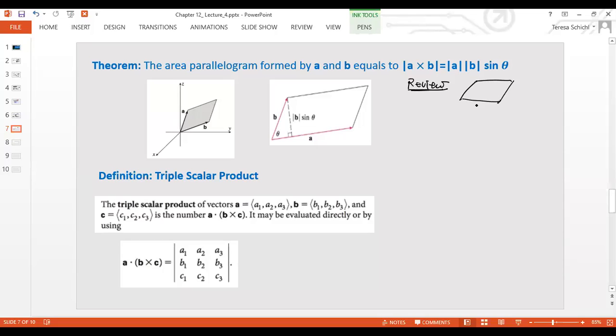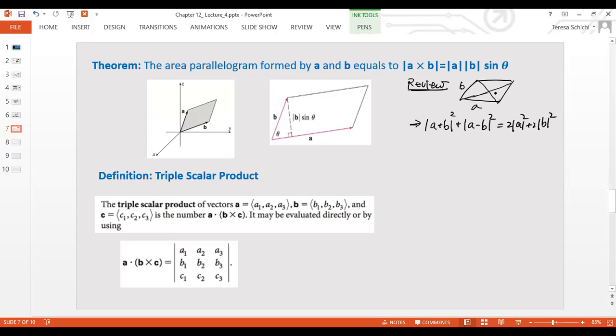If this is A and this is B, then we have the two diagonals. Using the dot product, we get a very important formula: the length of A plus B squared plus the length of A minus B squared is equal to 2A squared plus 2B squared. You can prove it using the dot product.